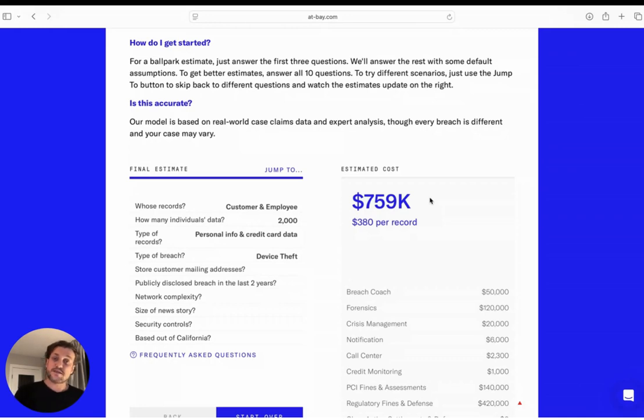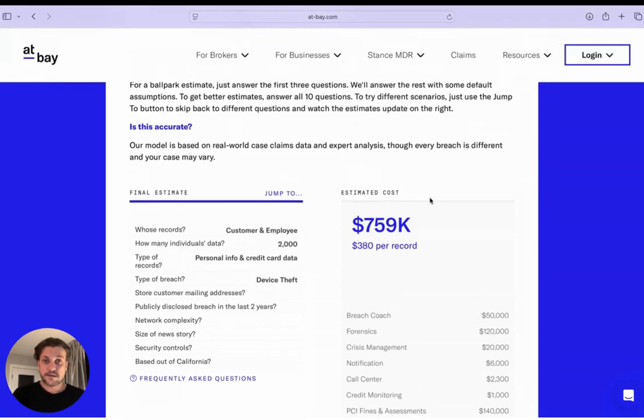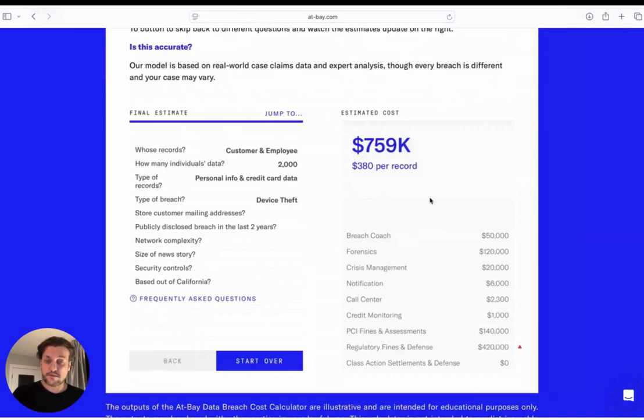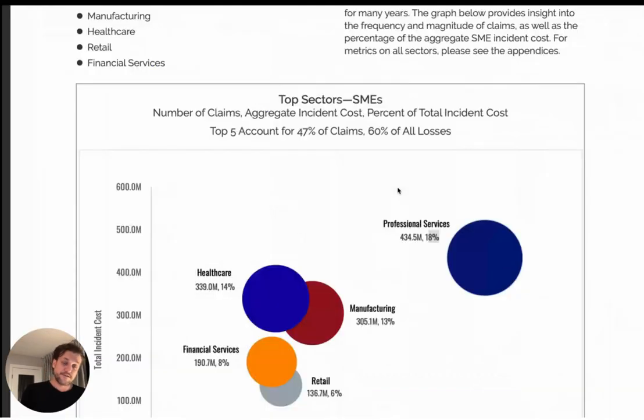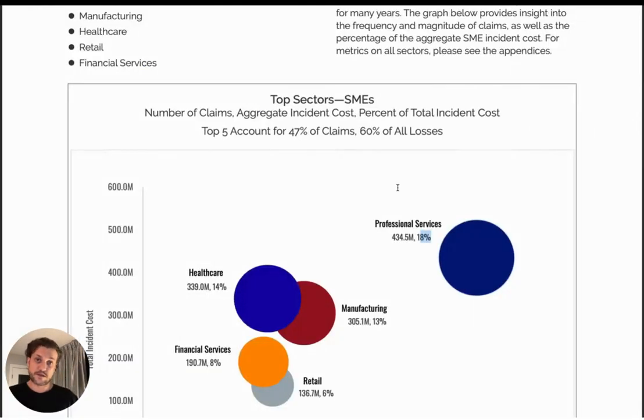So one easy thing you can do, you can plug in your numbers into the calculator, take a screenshot of this, and then upload the screenshot to a Gen AI. We can also upload the PDF file that I just showed you, this report. I'm going to put the links in the comments somewhere. You upload both of them to your favorite Gen AI to run the numbers for you.